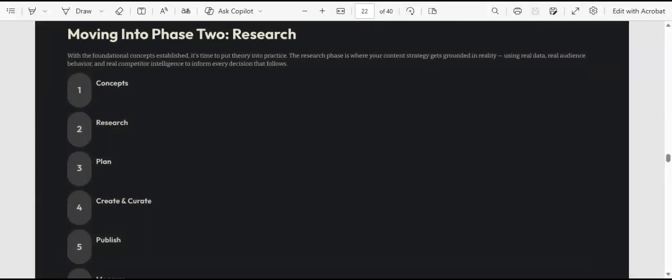In our next lesson, we're going to talk about research. With the foundational concept established, it is time to put theory into practice. The research phase is where your content strategy gets grounded in reality, using real data and audience behavior, and real competitor intelligence to inform every decision that follows.